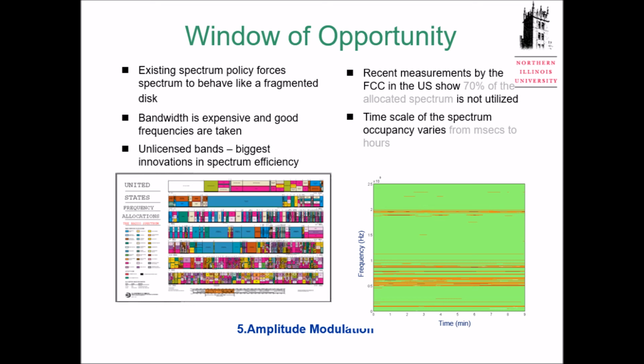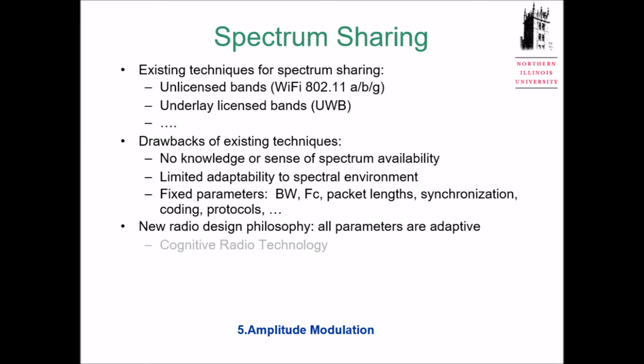Cognitive radio senses your environment. If a band is not used for several minutes or seconds, you can just use it. The FCC says yes, you can do that, but you must not interrupt the paid users.